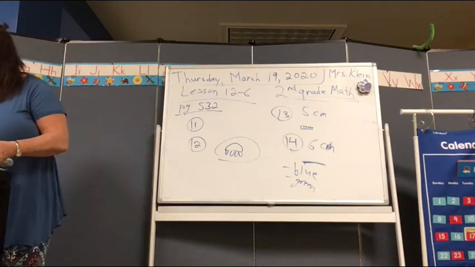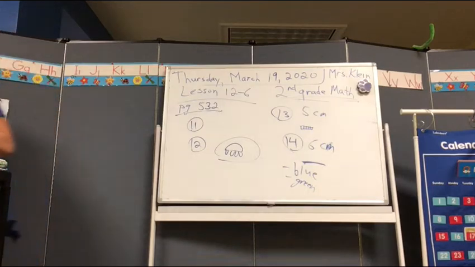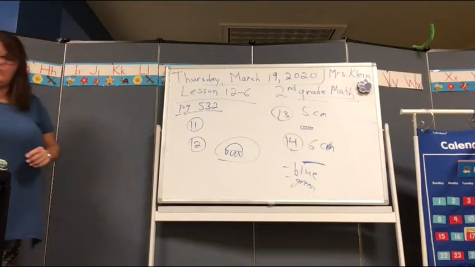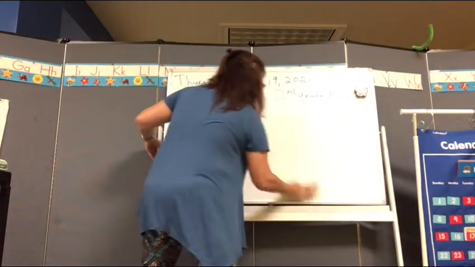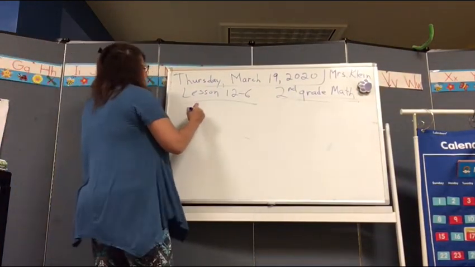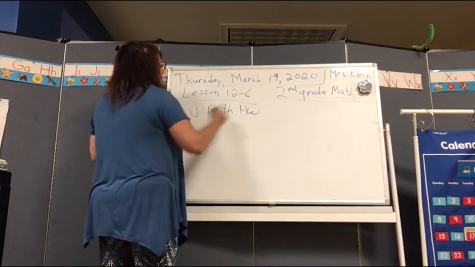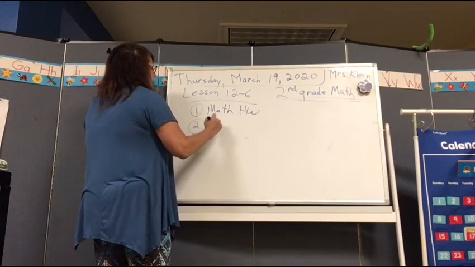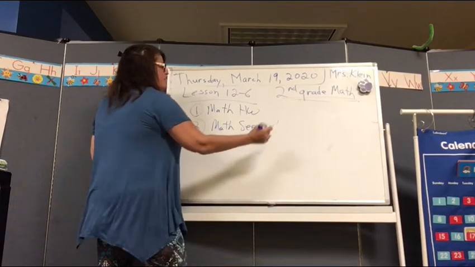So, on Friday, we will be going over lesson 12:7. Tonight for homework, your homework every night is math homework. Math seeds. Make sure you're doing your computer work at home.